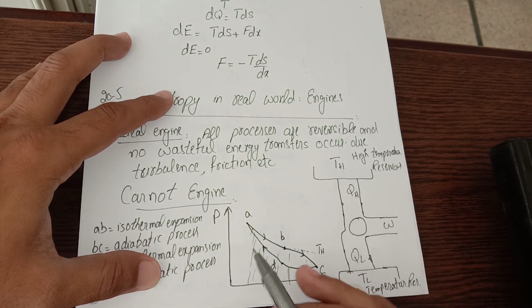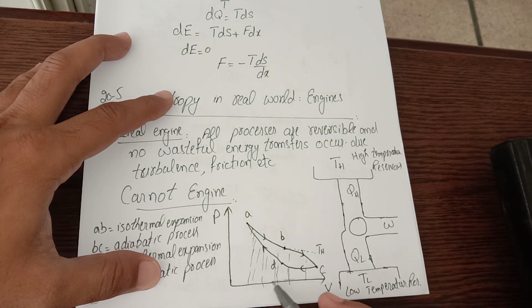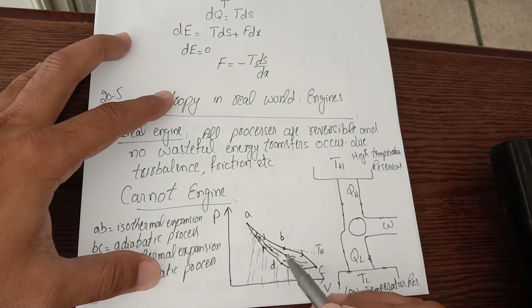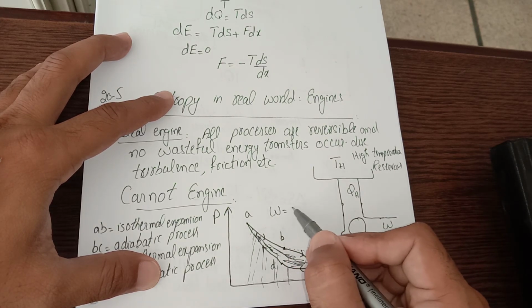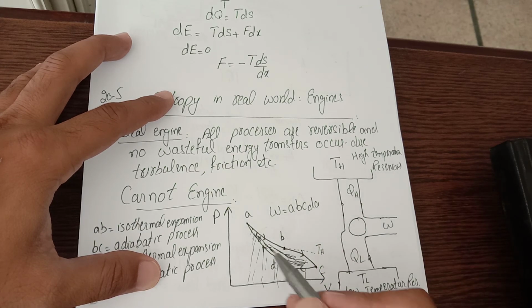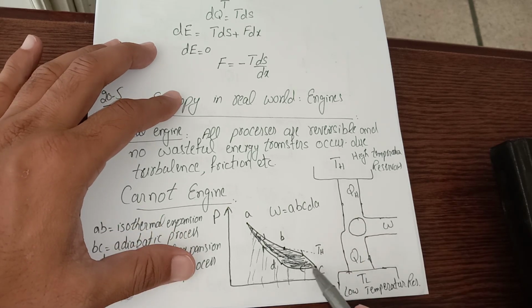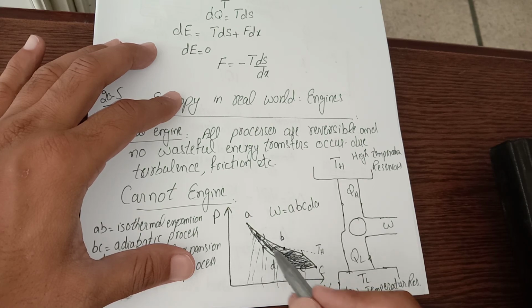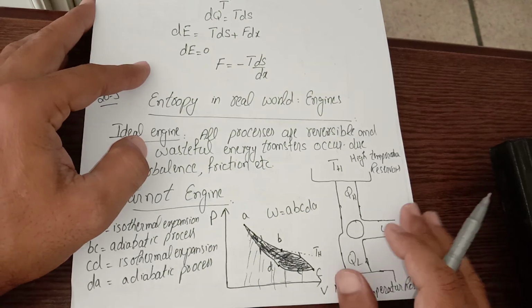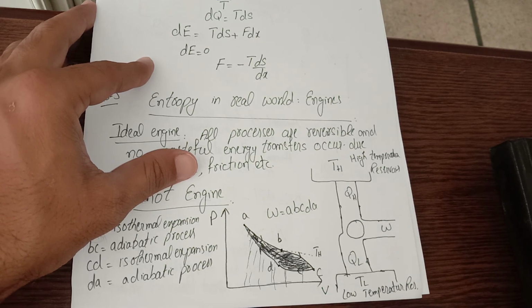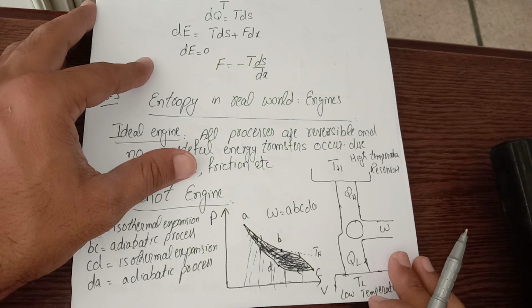When you calculate the net work done, this would be cancelled, and you have the net work done, which is basically by this path, A, B, C, D, A. This filled part is the net work done by this heat engine, and one can see that the net work done would be positive in this case.